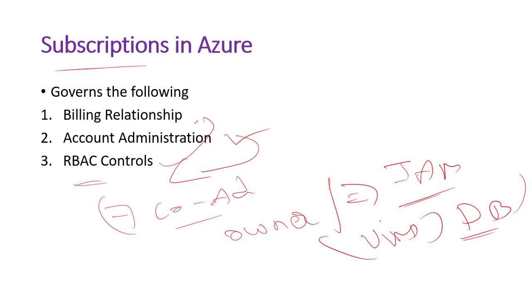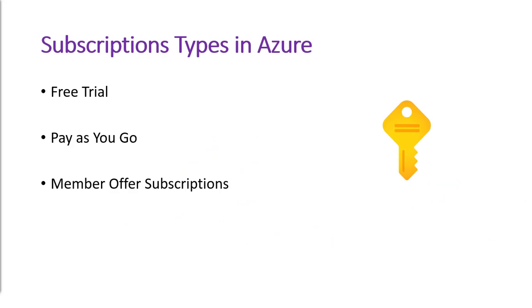So let's go further down and see what types of subscription we have in Azure. In Azure we have many subscriptions, but I have taken the top 3 subscriptions we are using. First is the free trial. The free trial subscription is what we already discussed. You get 13,300 INR, equivalent to 200 US dollars, for 30 days.